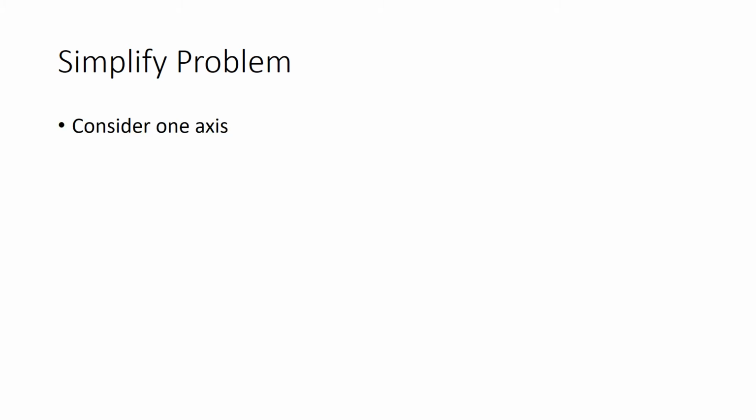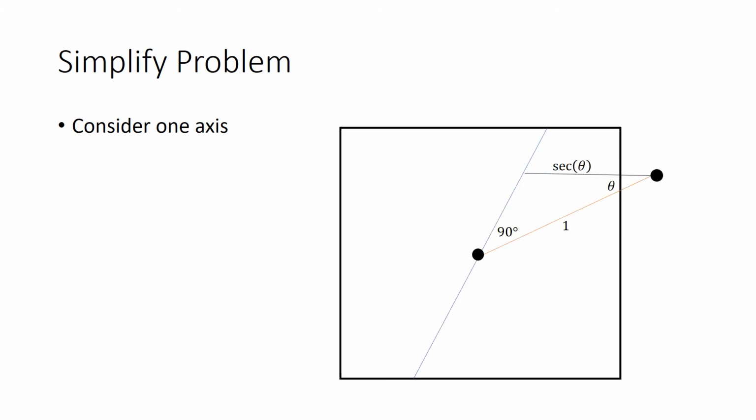Another thing we're going to do is right now, we're just going to consider one axis at a time, and then we can use calculus to consider all possible axes. So what I mean by axis, okay, this diagram I'm going to show you a lot. This is a really important diagram for considering the picture, and I'll go over it in detail. This doesn't look like a 90-degree angle, but yeah.